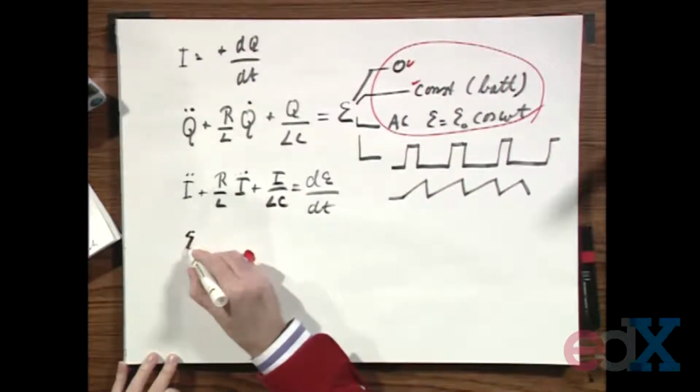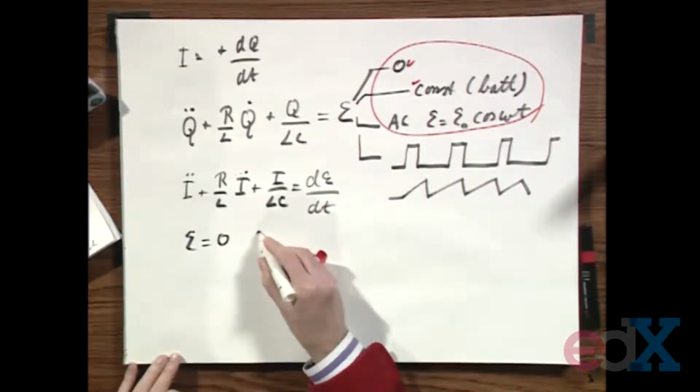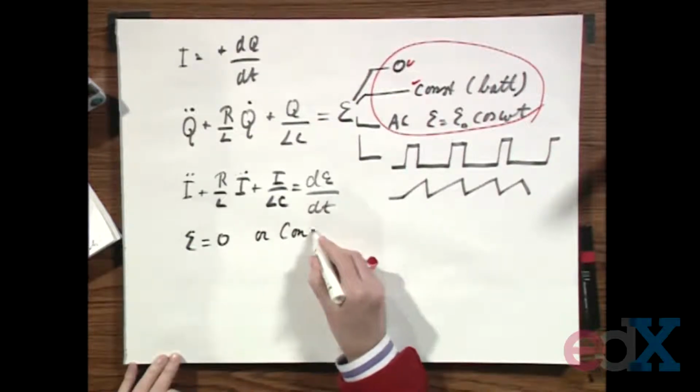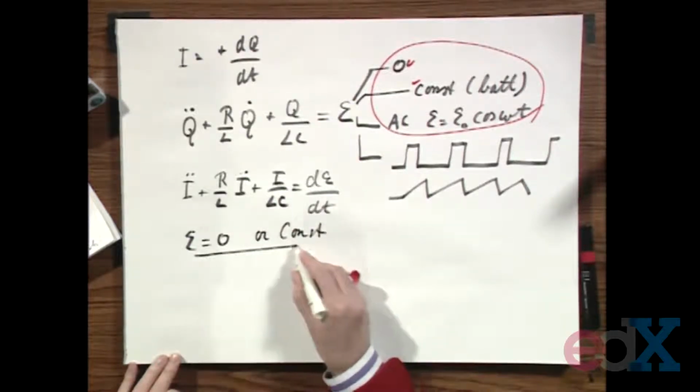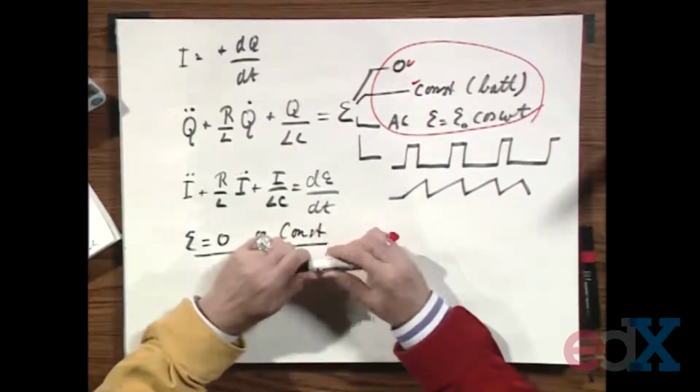Now, if we first take the case that the EMF is zero, there is no EMF, or that it is constant, then you are going to get into the circuit, under certain conditions, and I will specify those conditions, an alternating current which will ultimately die out.